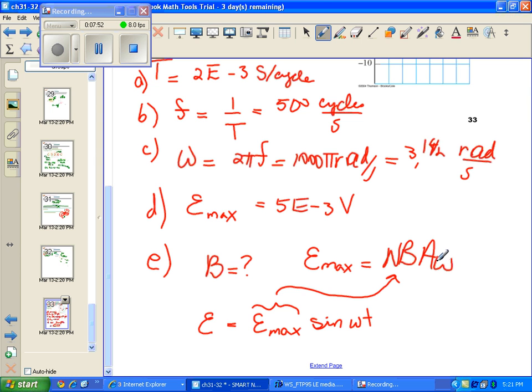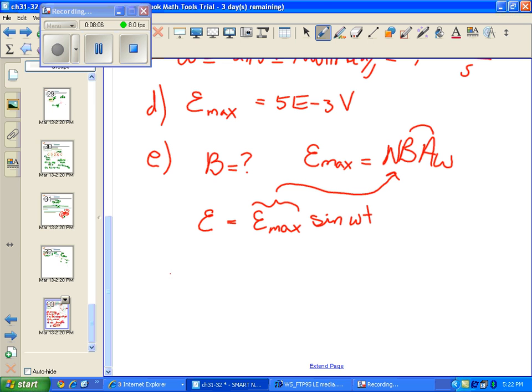And please recall that the B and the A came from the magnetic flux, which was constant.